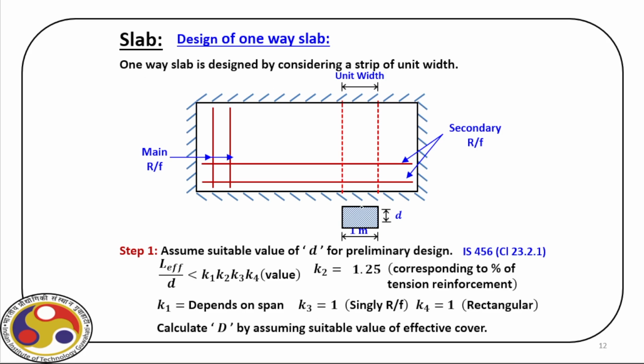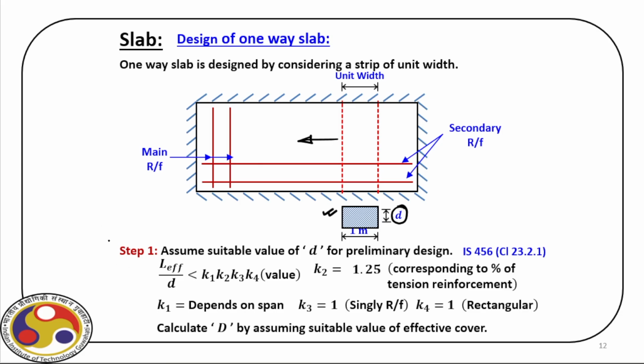I have already explained that for this we consider a strip of 1 meter, as you can see here, and the effective depth for this is D. So we'll design this beam of width 1 meter and effective depth D and find out what is the steel requirement and then provide that along this direction. And if it is a two-way slab, obviously we will also consider the orthogonal direction.